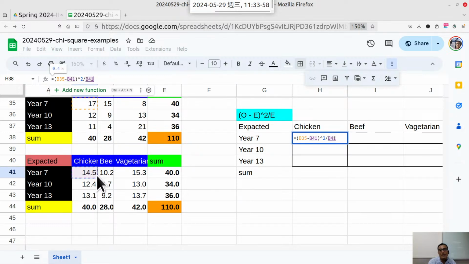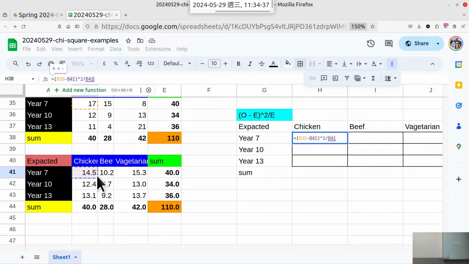Okay, I need to stop here and you can check the formula. O is here. E is here. Use a parenthesis, then press shift and type the number key 6. Then you will get this exponent symbol, and type 2, slash, divided by E. E is the expectation because we get the expected value here.